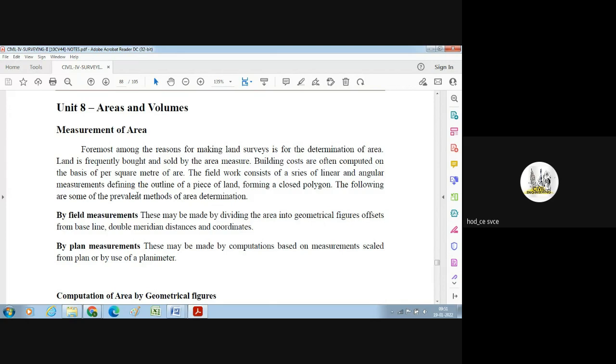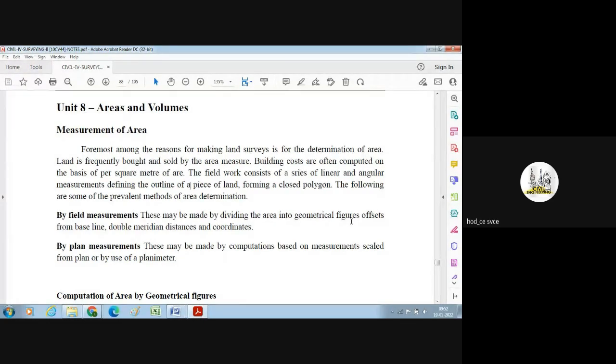Whereas coming to the measurement of areas and volumes, not only splitting into triangles, here any geometrical figures. By field measurements, we divide the area into geometrical figures.